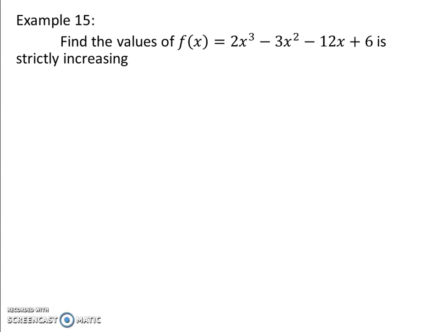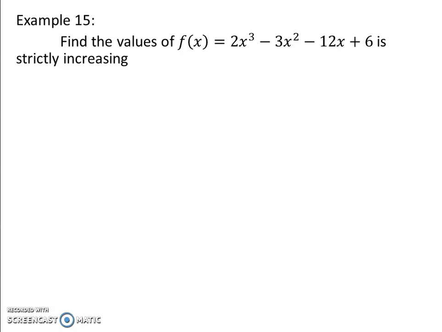Next example. Find the values of x where f of x equal to 2x cube minus 3x square minus 12x plus 6 is strictly increasing. Whenever the function is increasing, we have f dash of x positive.